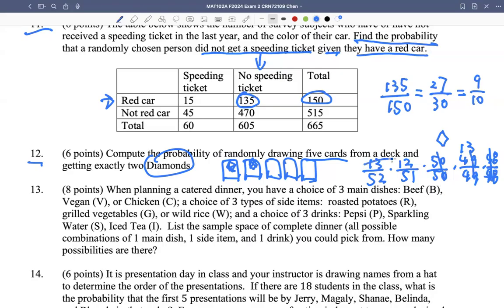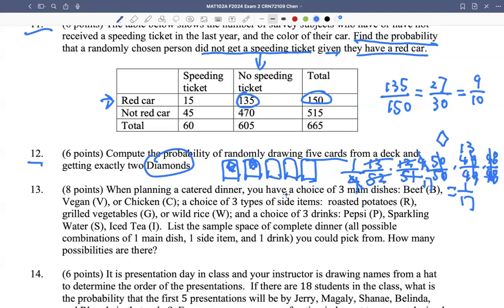Well, 13 over 52 is a 1/4. Then 12 and 51, we can simplify by 3. 3 times 4 is 12, 3 times 17 is 51. So this 4 cancels with this 4. So in the end, we get 1 out of 17.